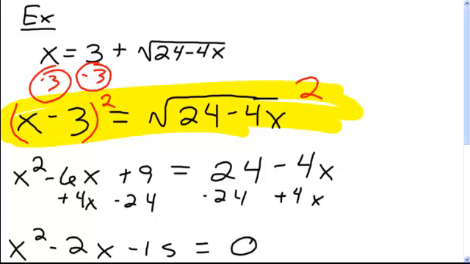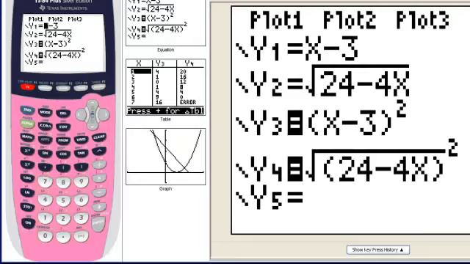So now I'm going to put in on the left-hand side the quantity x minus 3 squared, and the right-hand side I'm just going to put in that square with the square root. So when I go into my y equals, I turned off my top two. So the two equations I'm working with are the left-hand side squared. What shape is that? Parabola. And then the other side is my right-hand side, which is squaring the square root, which means that's going away, which is going to be linear.